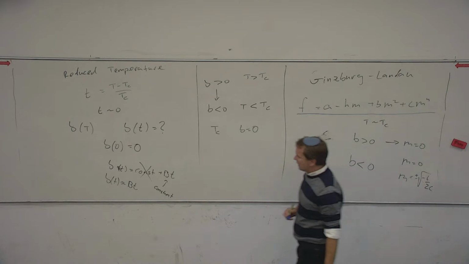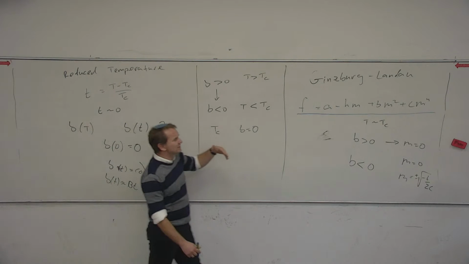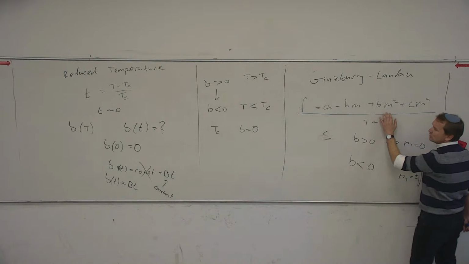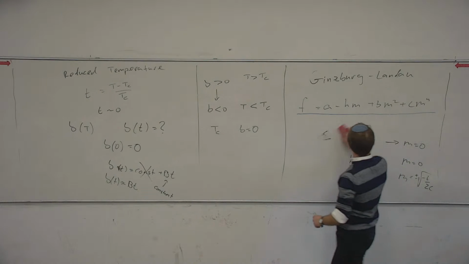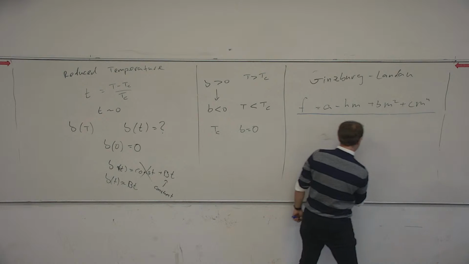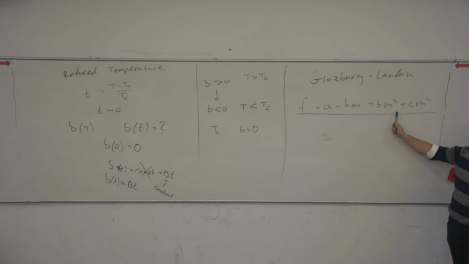Okay. Now, when I started to tell you that there is some universality, and that Ginzburg and Landau were looking for this universality, what I mean by universality is the following. In many different systems, it's really hard to obtain the free energy, right?